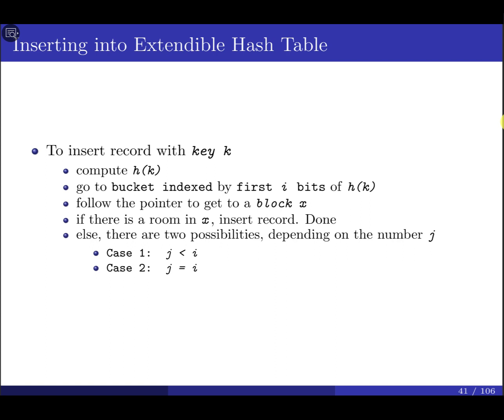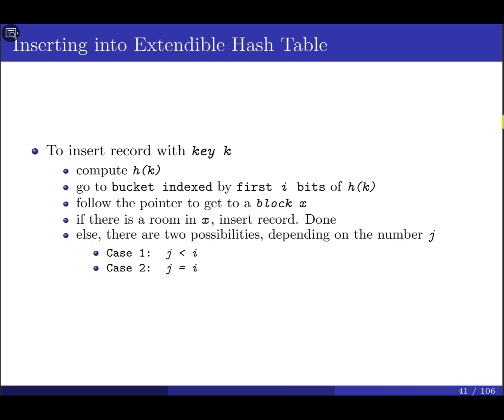If not, it depends on the value of the parameter; you have 2 different scenarios. Whether the local parameter of this block, and by the way, which block do I need to consider? The one that caused the problem. If the local value is less than the global parameter, yes, that means split, and redistribute the keys based on the value of j plus 1. Then update the local value for the old and new block.